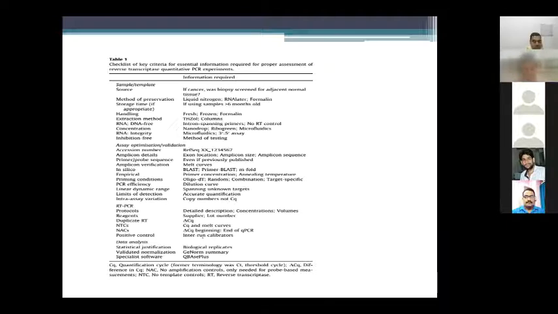Each and everything, you make a checklist before you analyze the data. Also the data analysis, data justification, what the biological replications are, what the Cq values are; each and everything you note down in a checklist. Then you go for the analysis of the sample.